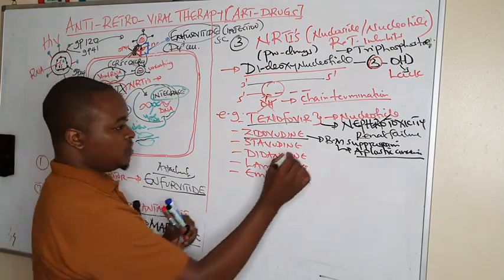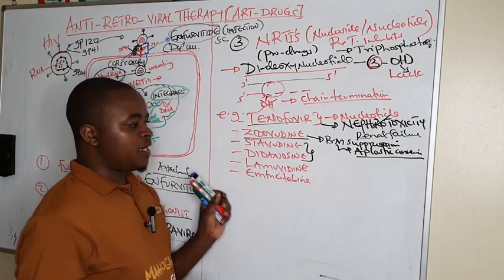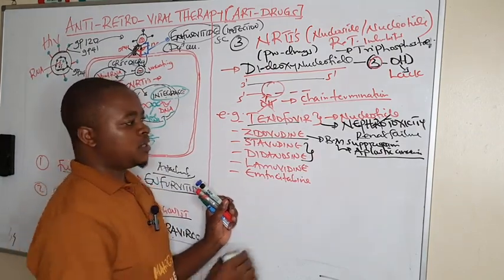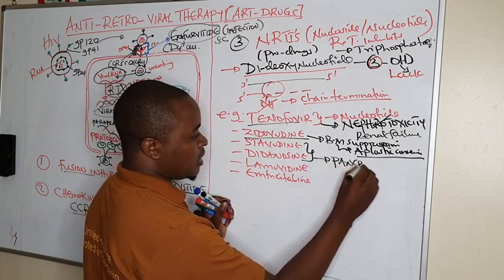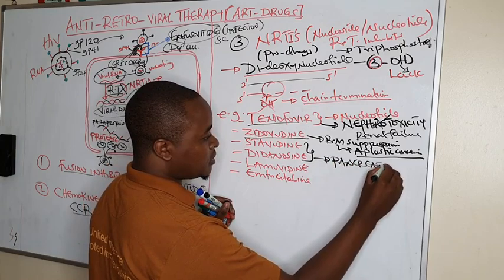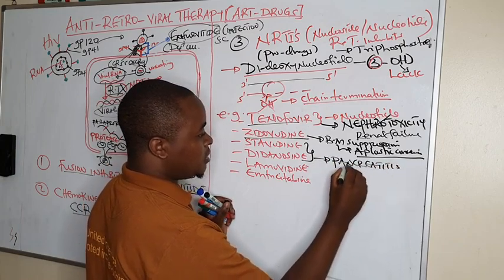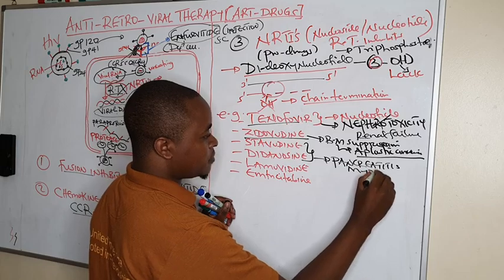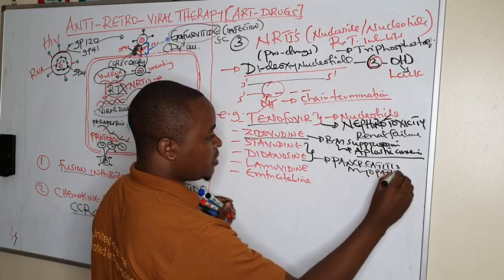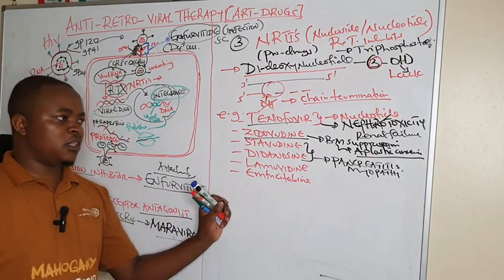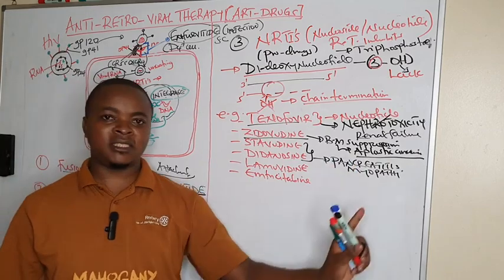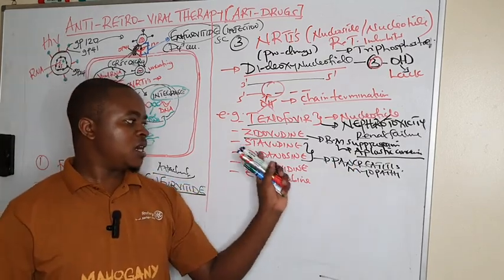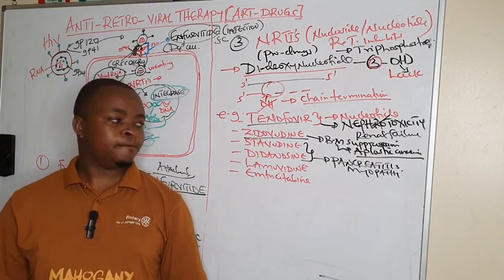Then stavudine and didanosine, these ones are known to cause pancreatitis. They are leading causes of pancreatitis and myopathy plus hepatotoxicity. But the major peculiar side effect is pancreatitis when you're on stavudine and didanosine.